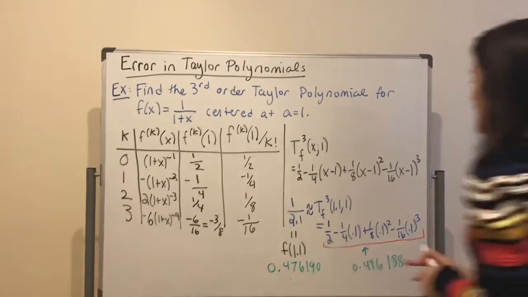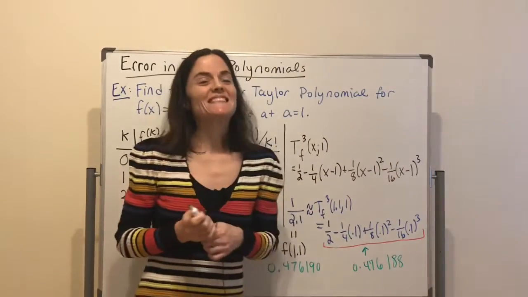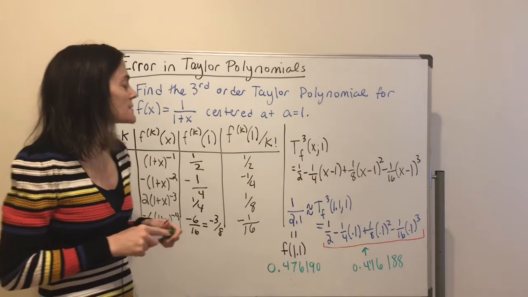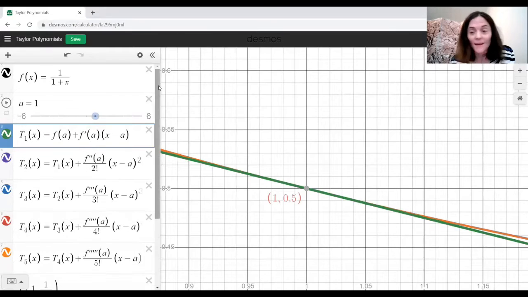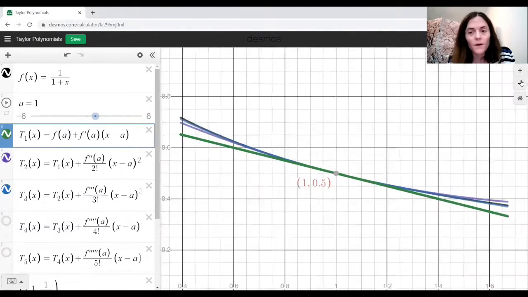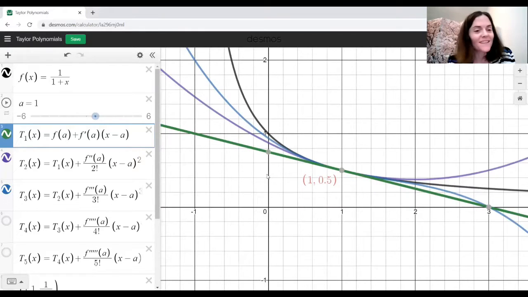What we see is, at least visually, this is a very close approximation, right? Well, what we just saw is this example here, 1 over 1 plus x. And we calculated through T3. Okay, so let me erase T4 and T5. We calculated through the third order Taylor polynomial at center a equals 1.